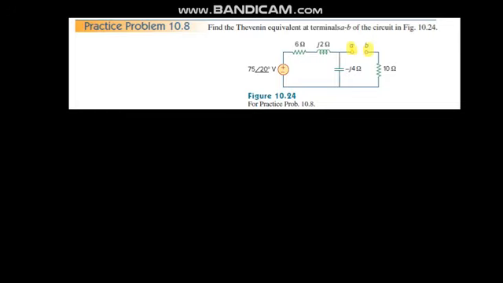impedance. So you have to see which source or sources are connected to the circuit. Here you can see there is a voltage source. So first of all, the voltage source will be short circuited.